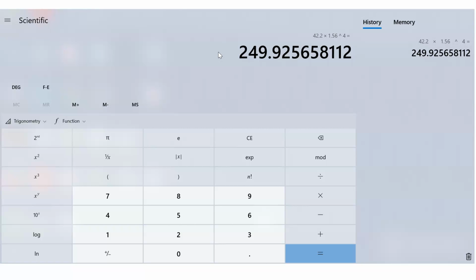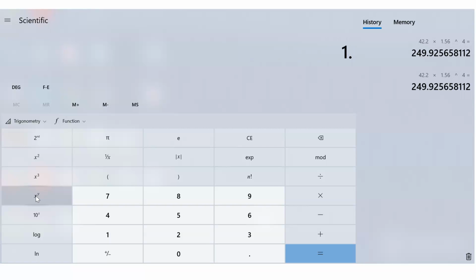I can also do it this way, 42.2 times, and then I can enter 1.56 and then use my x to the y button to also exponentiate and get the same answer. And if you have a scientific calculator and you need to do it slightly differently, again, you can do the exponent calculation first.